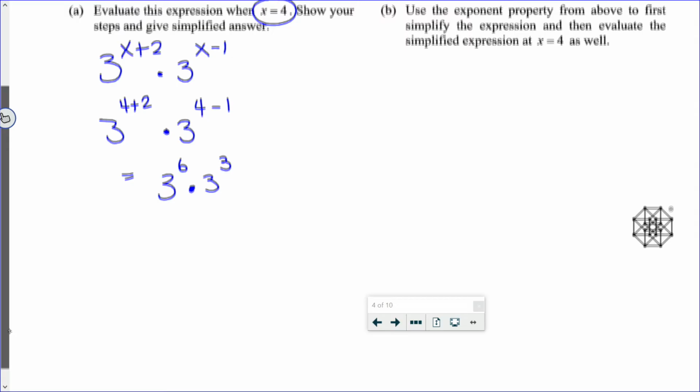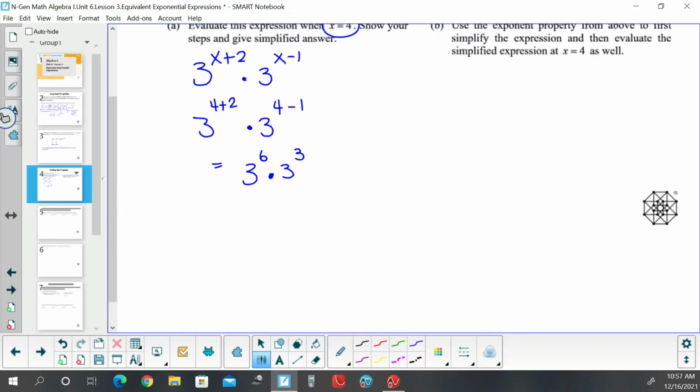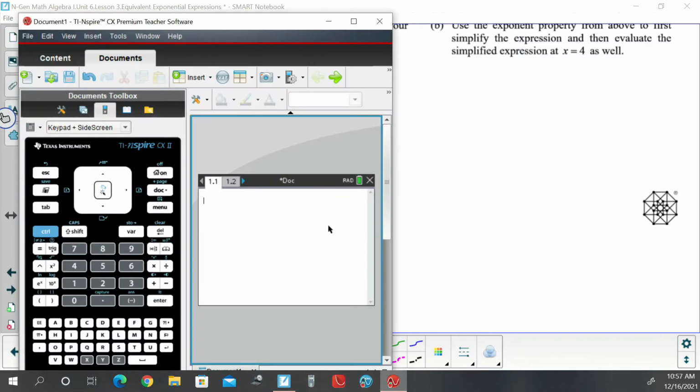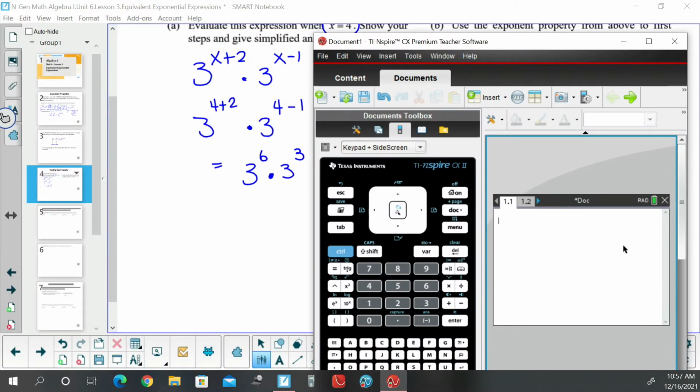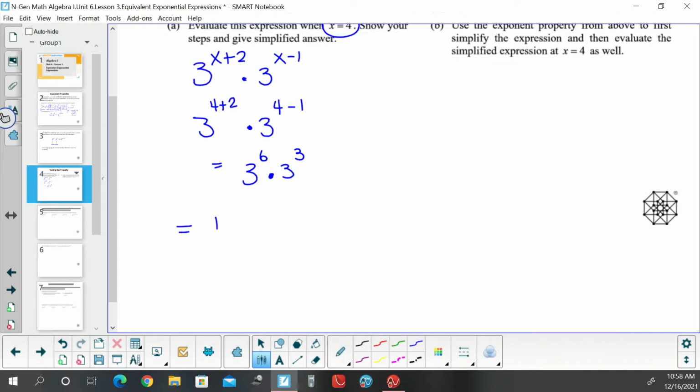And let's actually just figure out what that is, right? I'm not going to do any exponent property there. I just substituted x equals 4 in. So I've got 3 to the 6th times 3 raised to the 3rd, going to be large, 19,683.